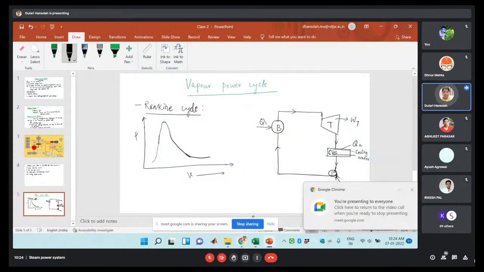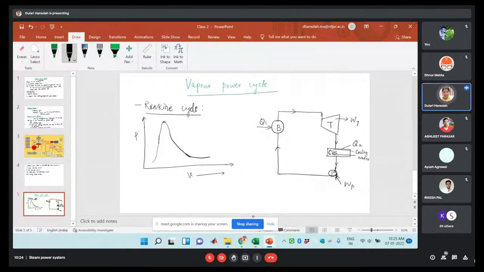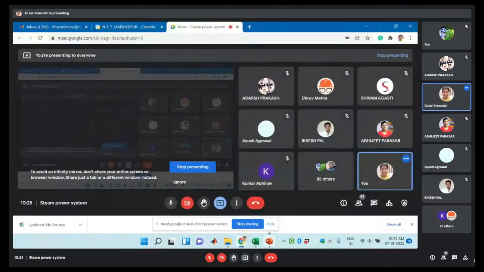Okay, this point is known as the critical point, right? This dome is given a name. What dome is it? Vapor dome. Who has given the answer?